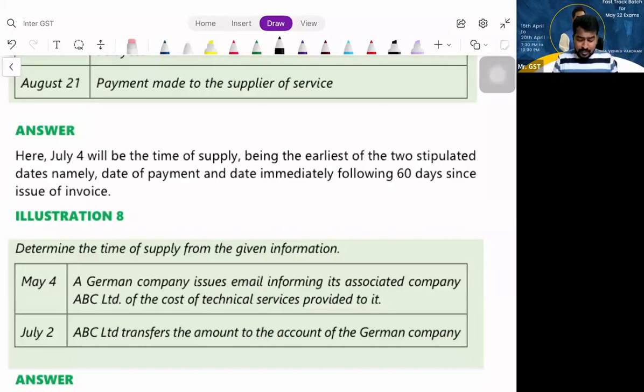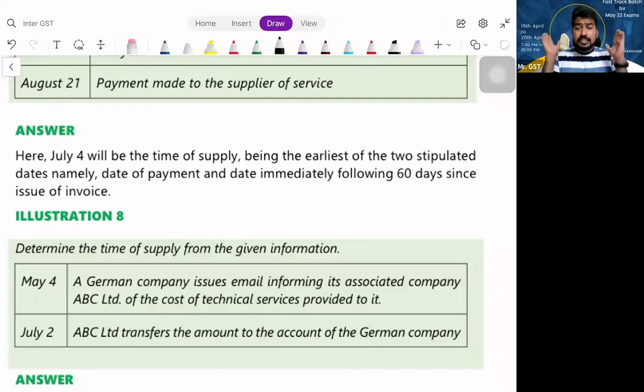May 4th, a German company issues an email informing its associated company ABC Limited of the cost of technical services provided to it. July 2nd, ABC Limited transfers the amount. There is a date of payment here. Date of entry in the recipient's books of accounts is given or not? Not given, sir.